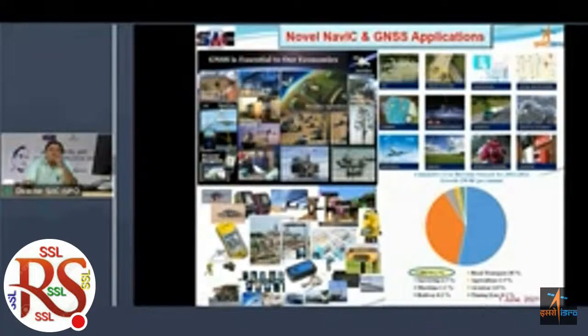Surveying of your field, finding out the area of your building or your farm field, everything is being done with GPS or differential GPS. That will now be done with our own NAVIC system. So you can imagine the cost involved and the market it is going to generate, because almost 98% of activity uses GPS.